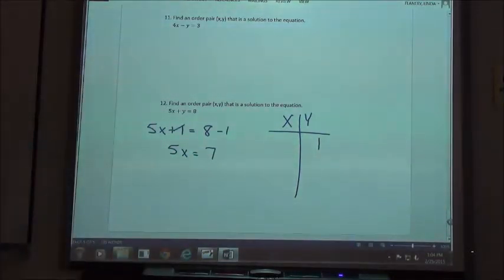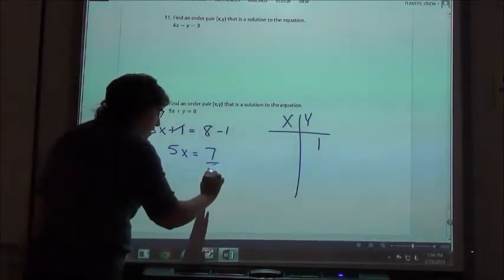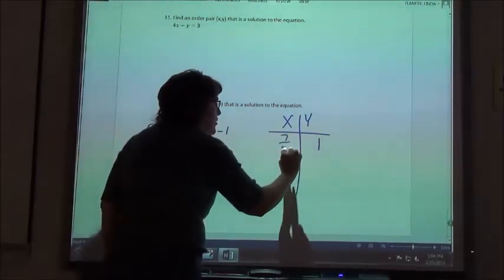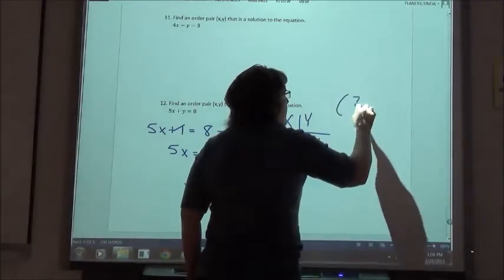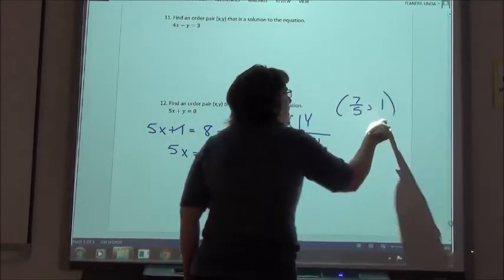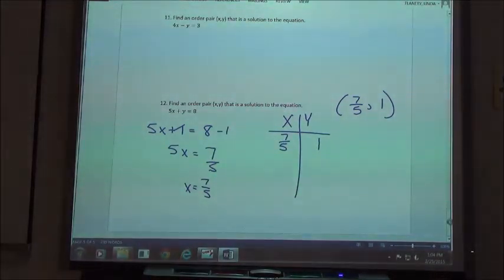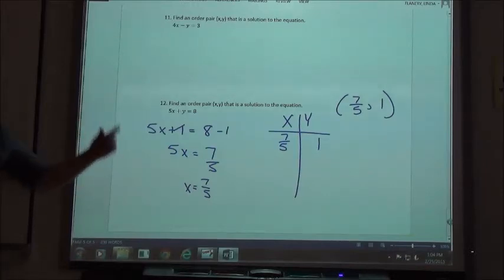And then divide by 5. So x is going to be 7/5. So my ordered pair, 7/5, goes with 1. There you go. Okay. All right, we're just doing those 4 things today.